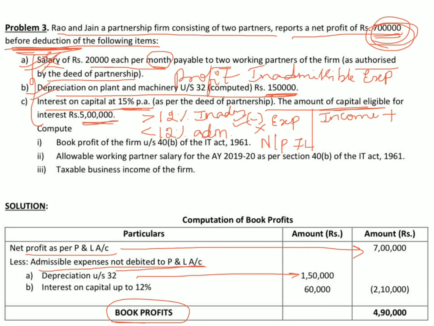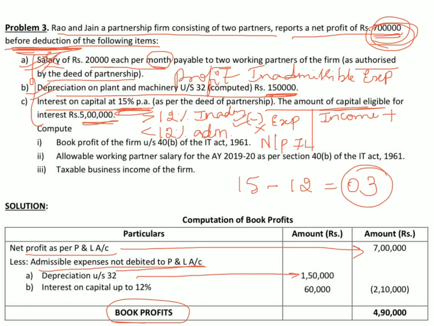So, in the problem, we have 15% interest on capital. So the exceeded value over 12% is inadmissible, that is not deductible. As stated in the problem, they have not deducted the value. So we have to ignore the 3%, that is 15% minus the allowable 12%. So the inadmissible value of 3% is ignored.